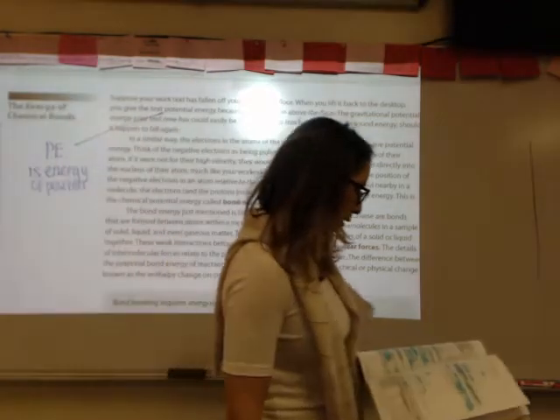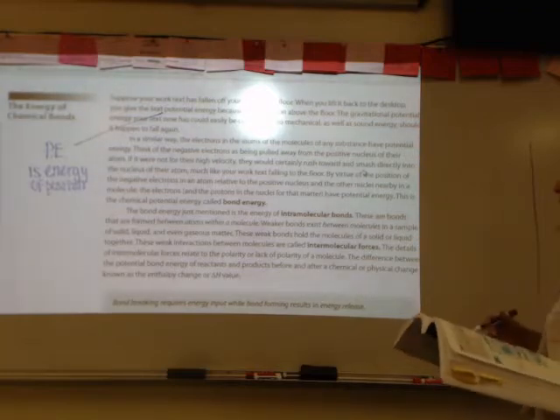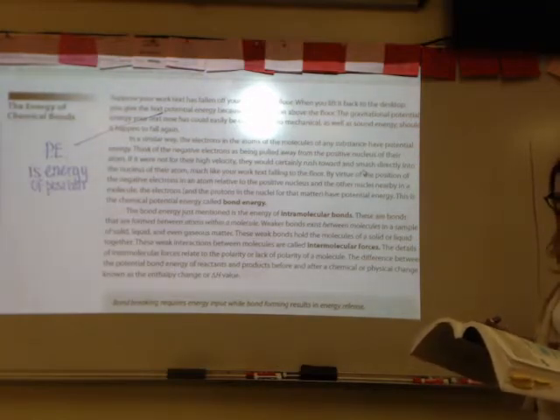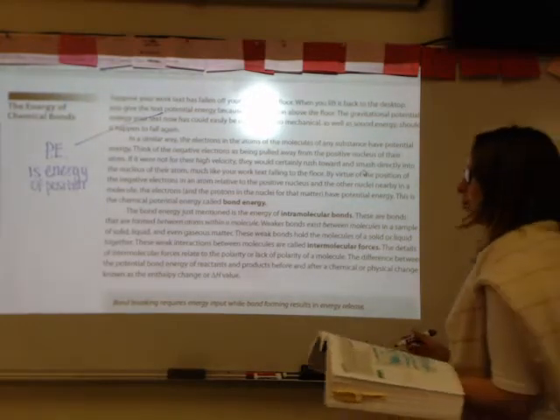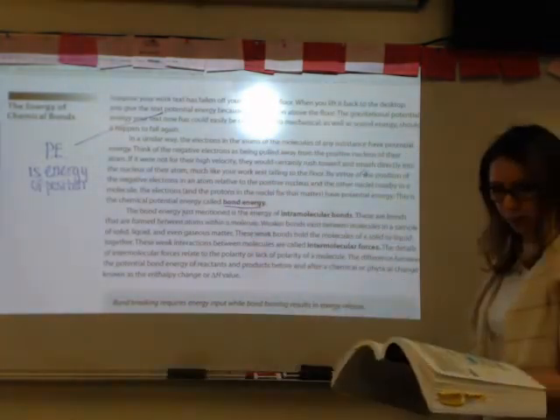And similarly, the electrons in atoms of molecules of any substance have potential energy because of their position. So the negative electrons in an atom relative to the positively charged nucleus and the other nuclei nearby, the electrons have potential energy, and this is called chemical potential energy or bond energy, okay?